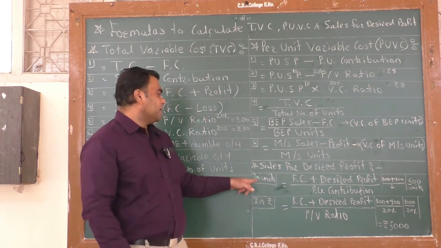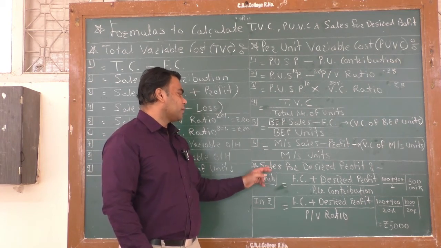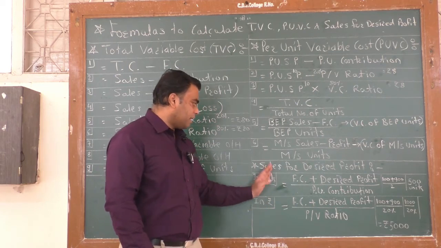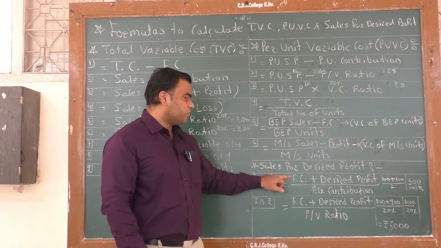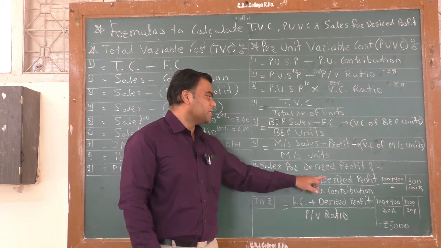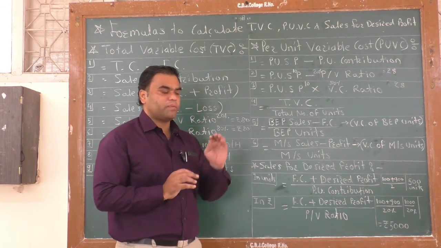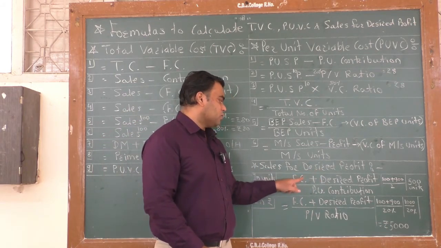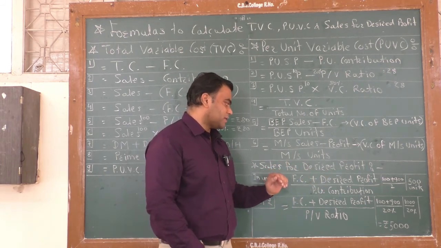First, we are going to discuss the formula to calculate sales for desired profit in units. Sales for desired profit in units is equal to total fixed cost plus desired profit, meaning the expected profit amount.